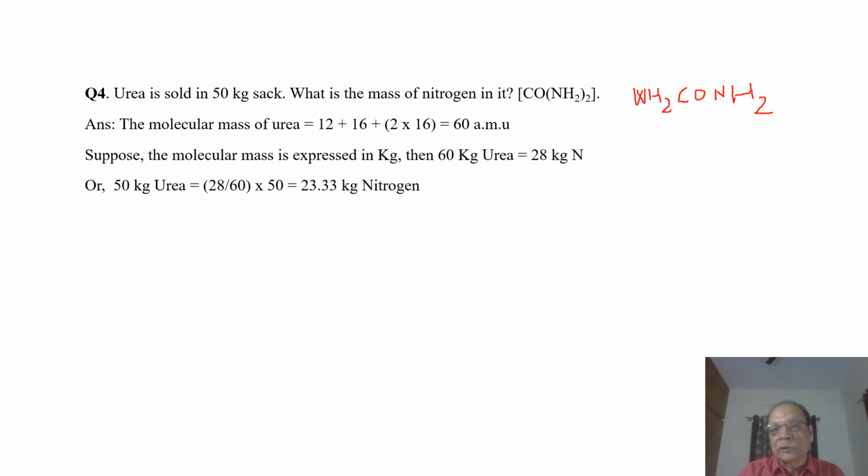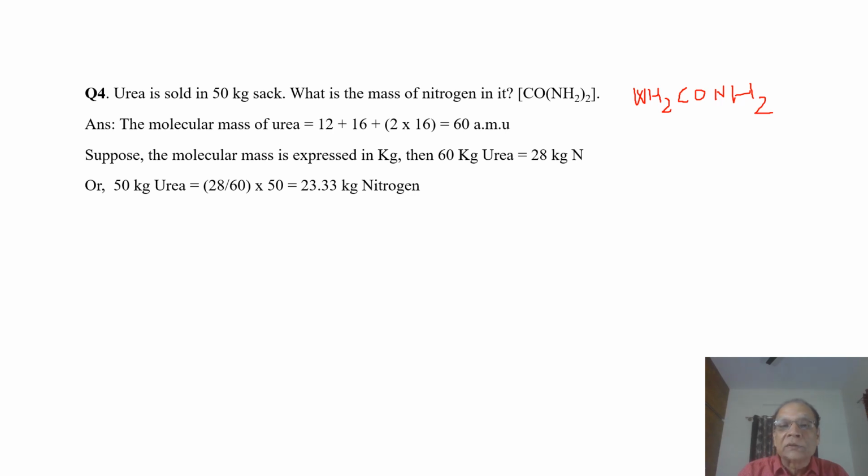Molecular mass is expressed in AMU. Suppose the molecular mass is expressed in kg, then 60 kg urea contains 28 kg nitrogen. In this, nitrogen is 14, and 14 into 2 is 28.